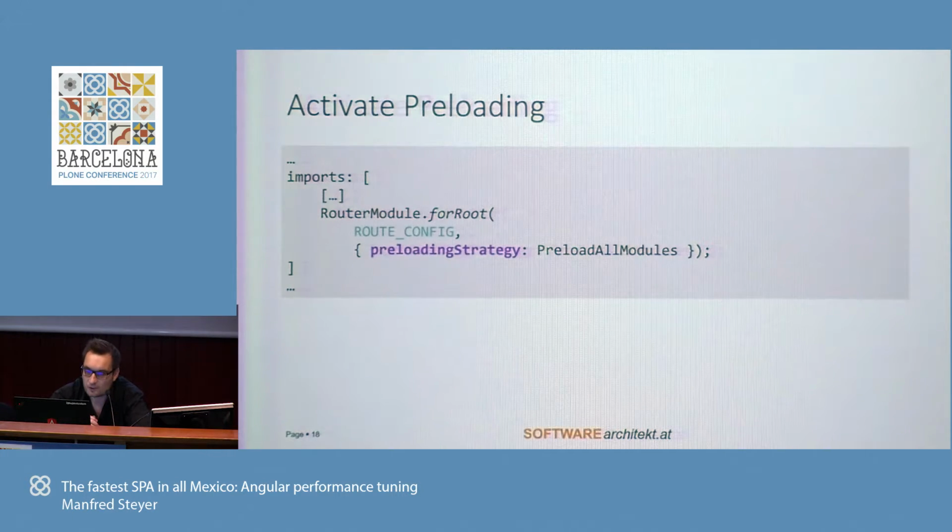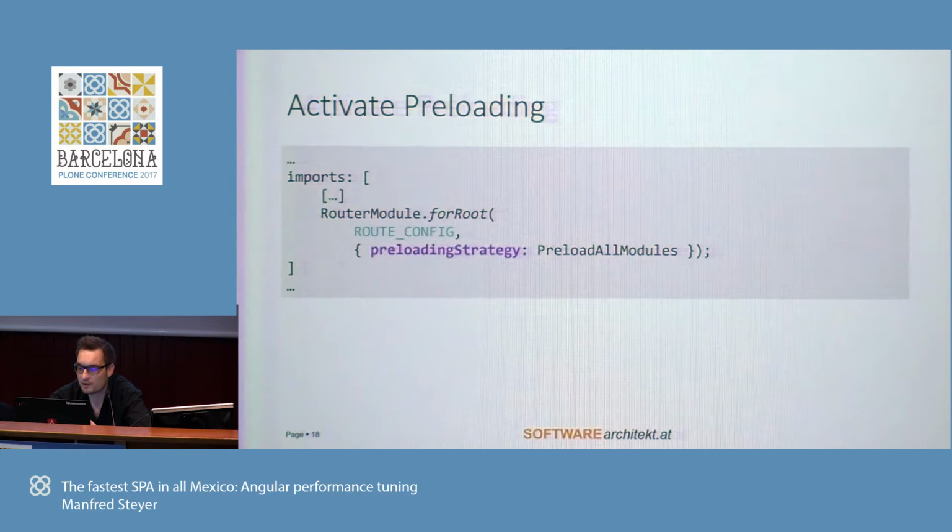What does it take to get started with preloading? We just need to register a preloading strategy. This preloading strategy can be registered when we are setting up the routes for the root module. Normally you are calling forRoot for this, you are passing in your routing configuration, and the second parameter takes an object, and this object has the property preloadingStrategy.